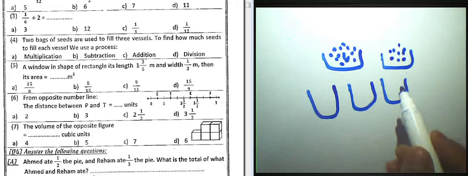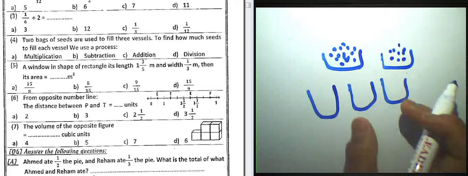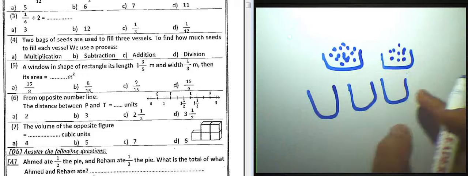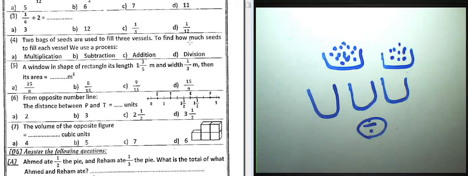We can find the result by division. First, sum all the seeds and divide the number of seeds by 3. So we can find the result for each. How many seeds fill each vessel? We use division to find the amount for each.